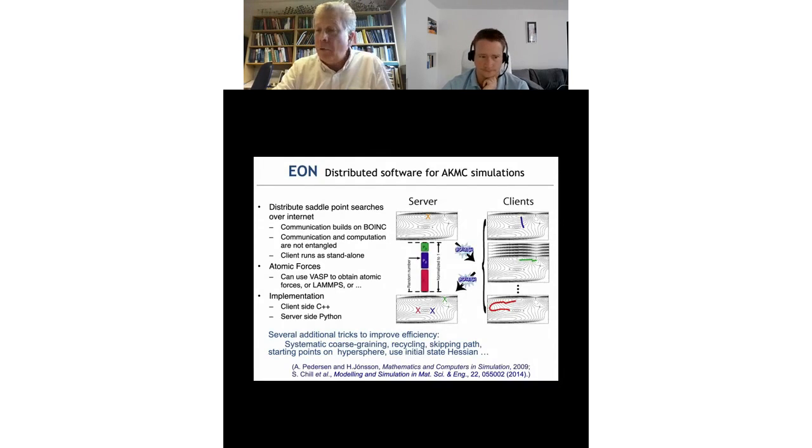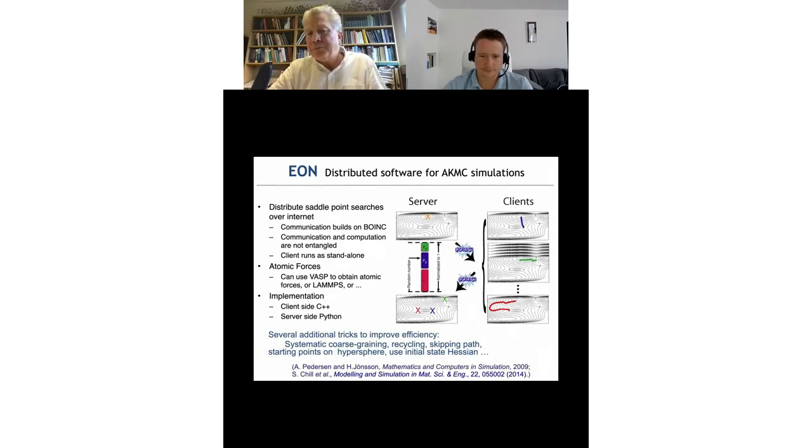It can start very close to an old saddle point. You can start anywhere on the energy surface and charge ahead, go up the energy surface onto a saddle point. So you could be starting in the neighborhood of a saddle point which was a saddle point in a previous configuration of the system.